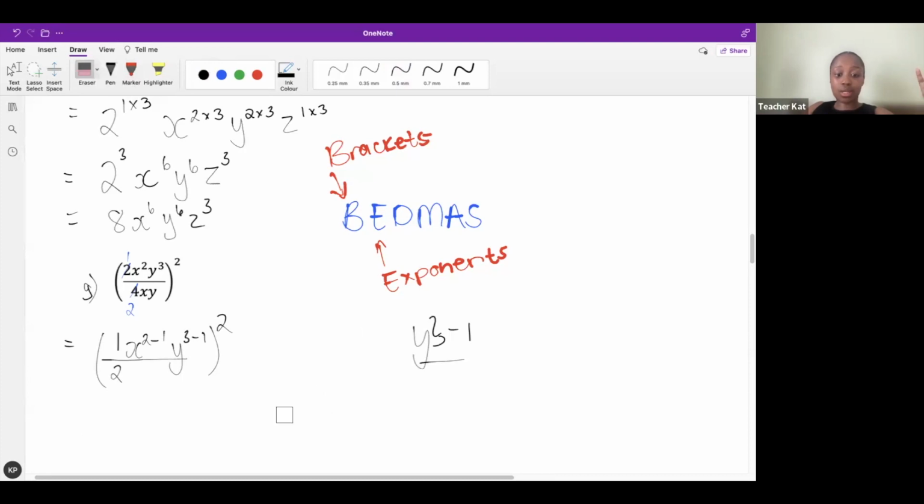Avoid doing that. Try to write them as I am writing them. Whatever you are not working with, just rewrite it. You see that I still wrote my bracket with the 2. So let's simplify what's inside the bracket. That's 1 times x to the power of 2 minus 1, which is just x.